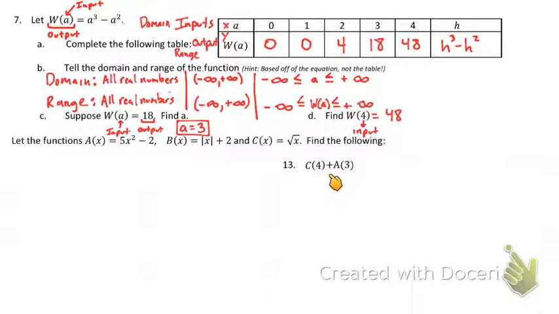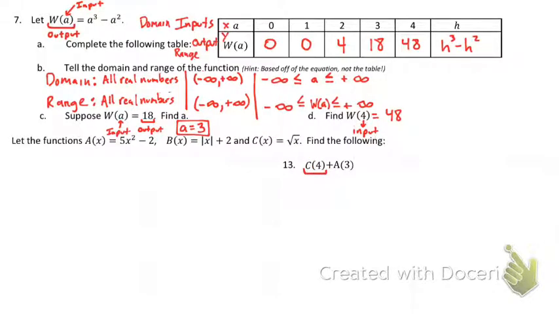And if you understand the input-output concept, we're going to do that now. So let's look at this guy, C parentheses 4. We have to get used to this language. This basically says, look at function C, this equation, and input 4, and then tell me what your output is.